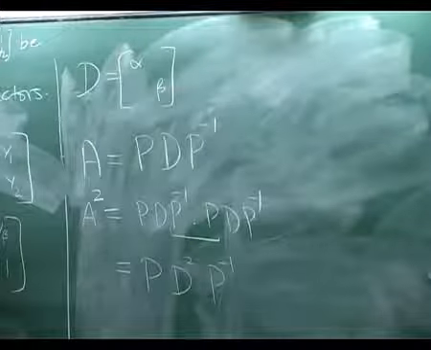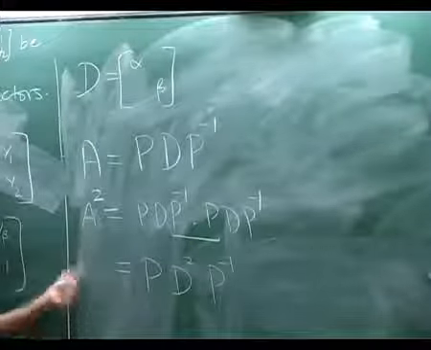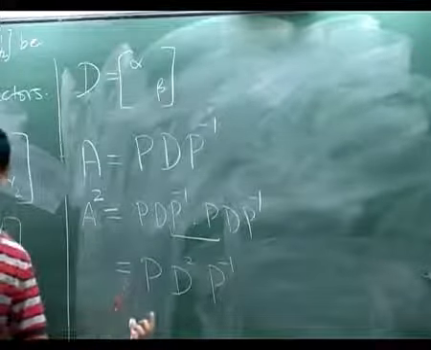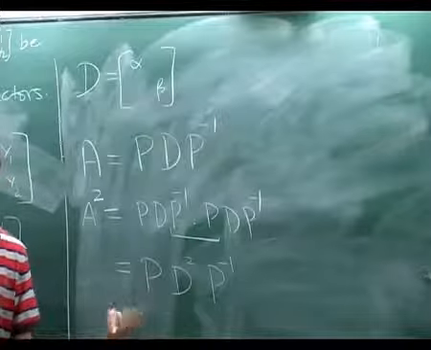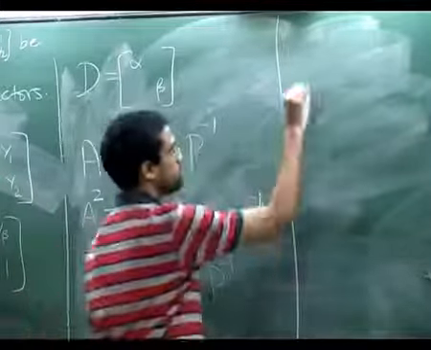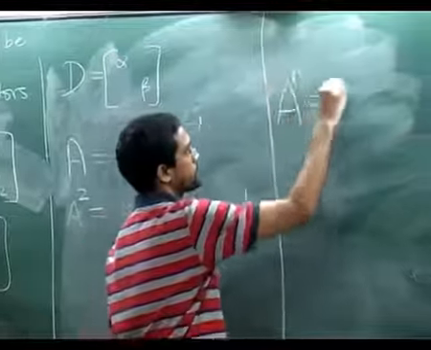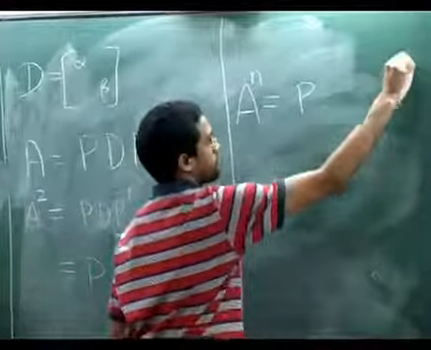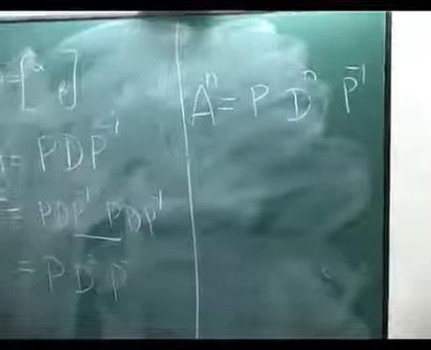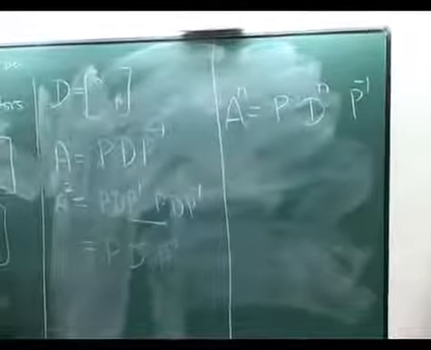More generally, for A cubed you multiply this by another P D P inverse. Again the P inverse P will get eaten up in the middle, and you will get P D cubed P inverse. So in general A to the power n becomes P D to the n P inverse. You just have to raise D to the power n. That is the key advantage of being able to diagonalize a matrix.